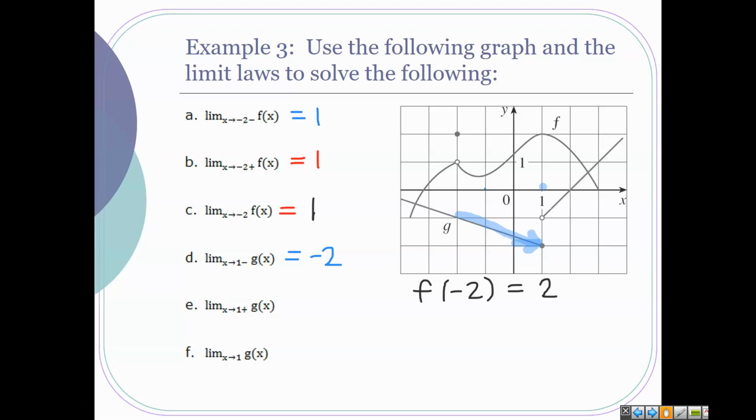The limit as x approaches 1 from the right. So here's my g function coming from the right. It's at -1.